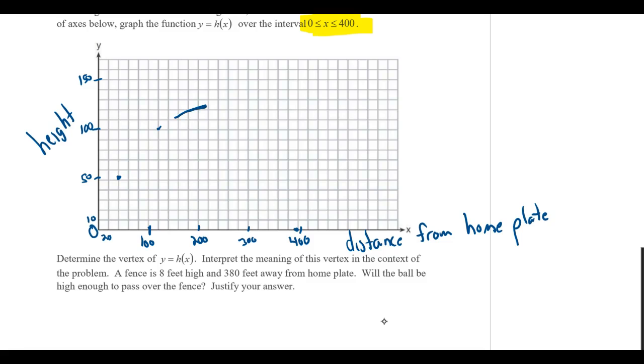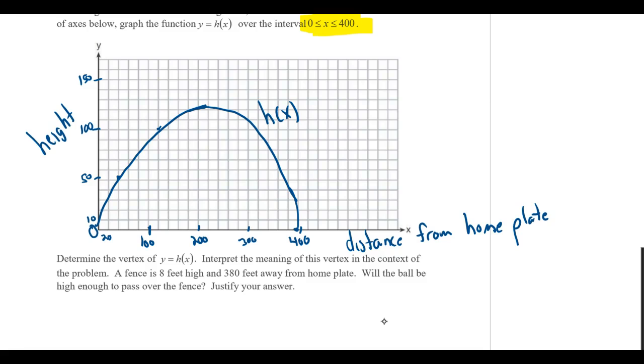And I'm going to draw a rough sketch of the flight of this ball, making sure that I have it land about 395 feet from home plate. I'm going to label this h of x. And now I've got a decent graph.